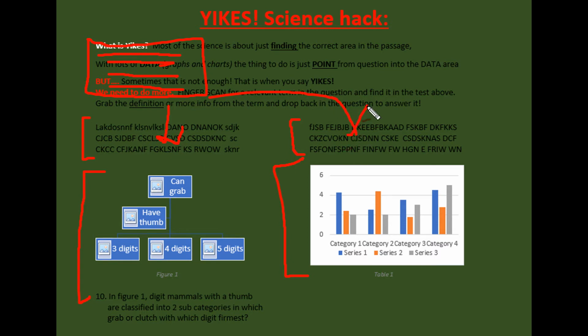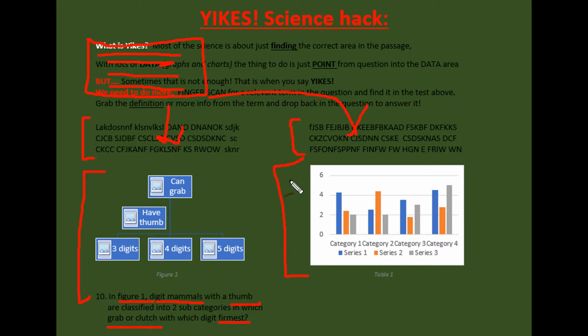So here's our question. It says, figure 1, we underline the location. We underline what's relevant. Digit mammals are classified into 2 subcategories, grabber and clutch. Which one is the firmest? All right, so I underlined all that.